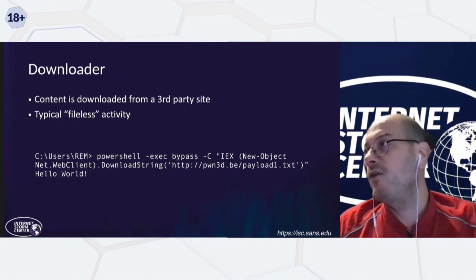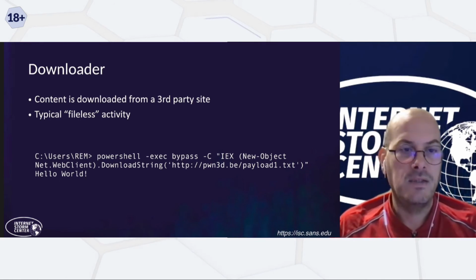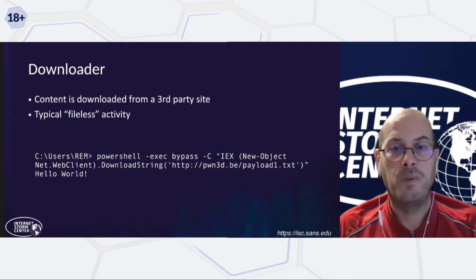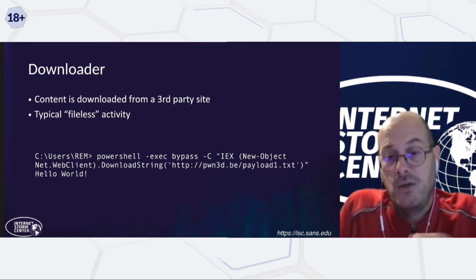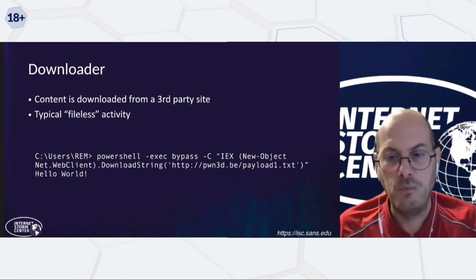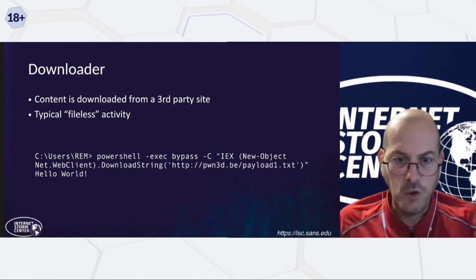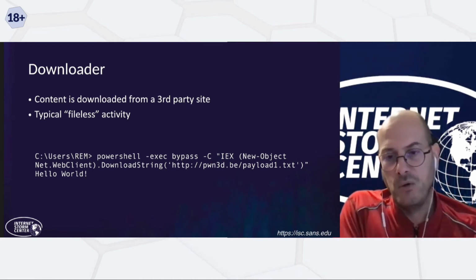Sometimes we also have a lot of downloaders. So what is a downloader? In this case, the content is downloaded from a third-party website. It's a nice way, of course, to obfuscate. It's not really an obfuscation, but the malicious code is not present in the PowerShell code itself that you are analyzing, but it will be downloaded from the internet.